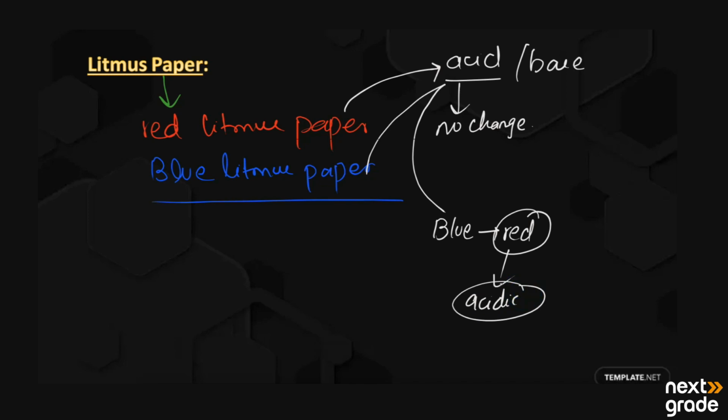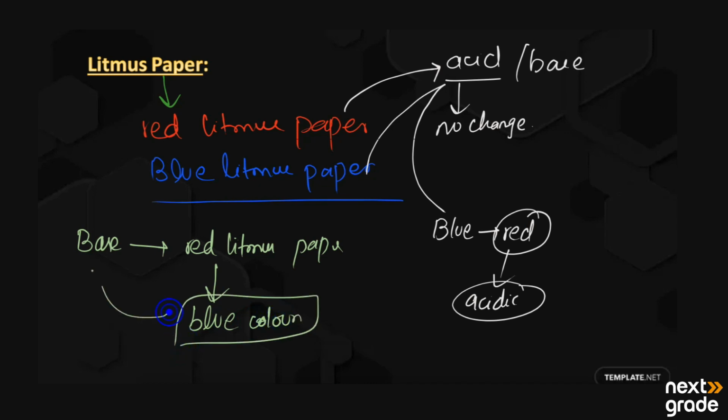On the other hand, if we have a base and we dip red litmus paper in it, the red litmus paper will change into blue color. This blue color shows us that the solution is a base.